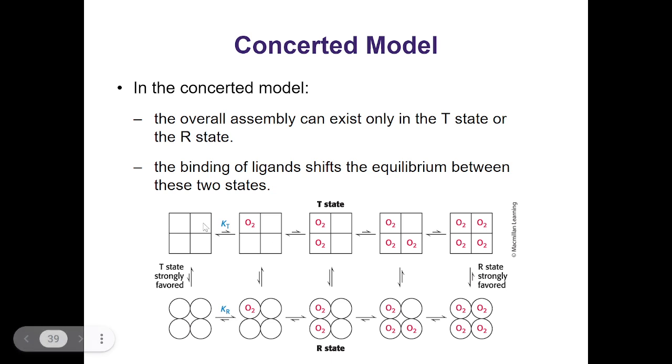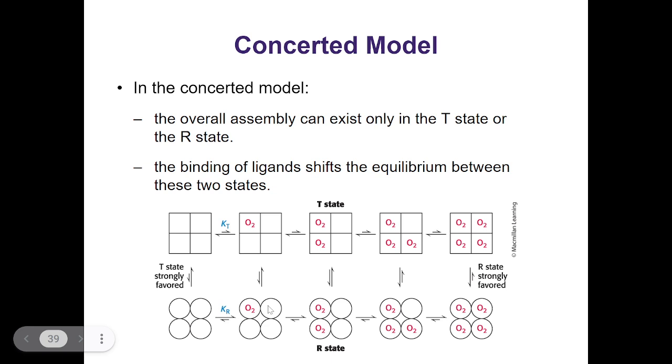When you have no oxygen bound, the T state is going to be strongly favored up here, so the equilibrium between the T and R state will favor the T state strongly. When you bind an oxygen, this lowers the affinity towards the T state and increases the affinity towards the R state, so the equilibrium will start shifting towards the R state.